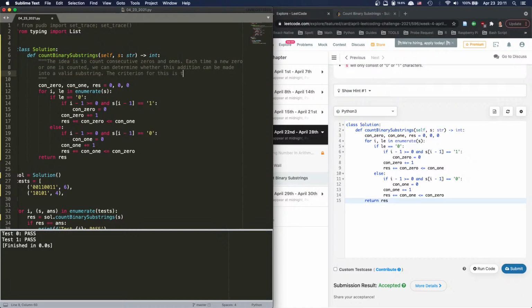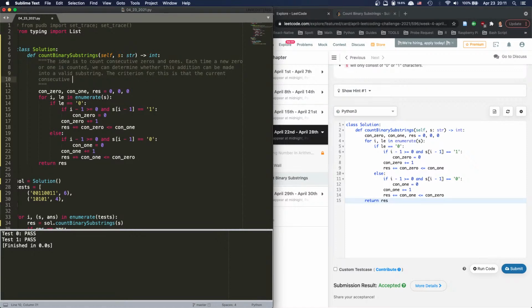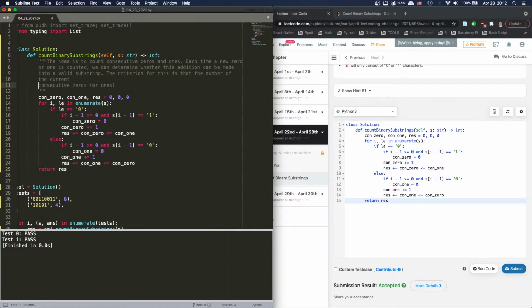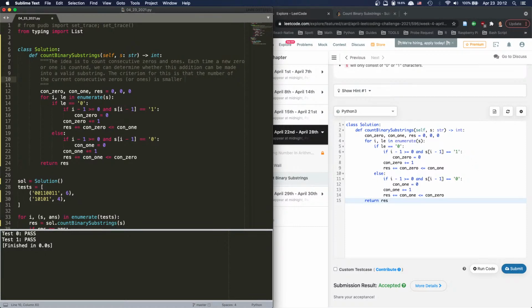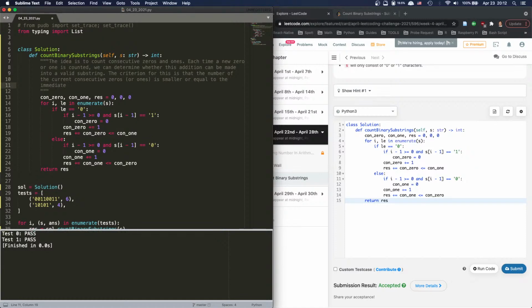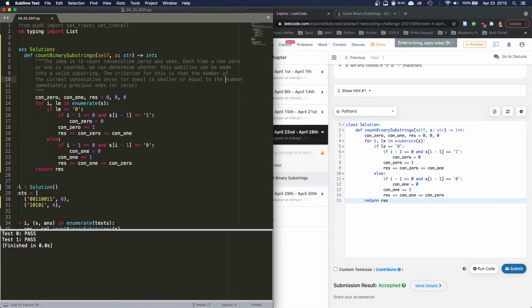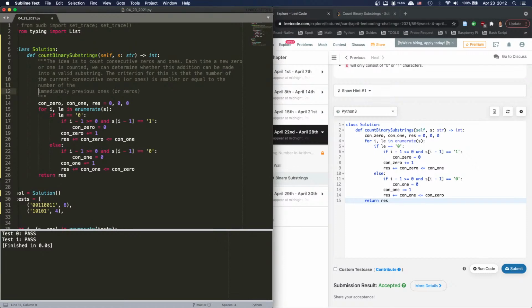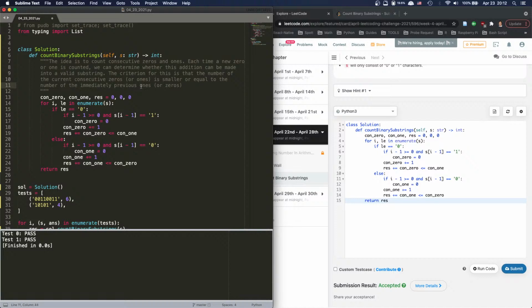The criterion for this is that the number of the current consecutive zeros or ones is smaller or equal to the number of the immediately previous consecutive ones or zeros.